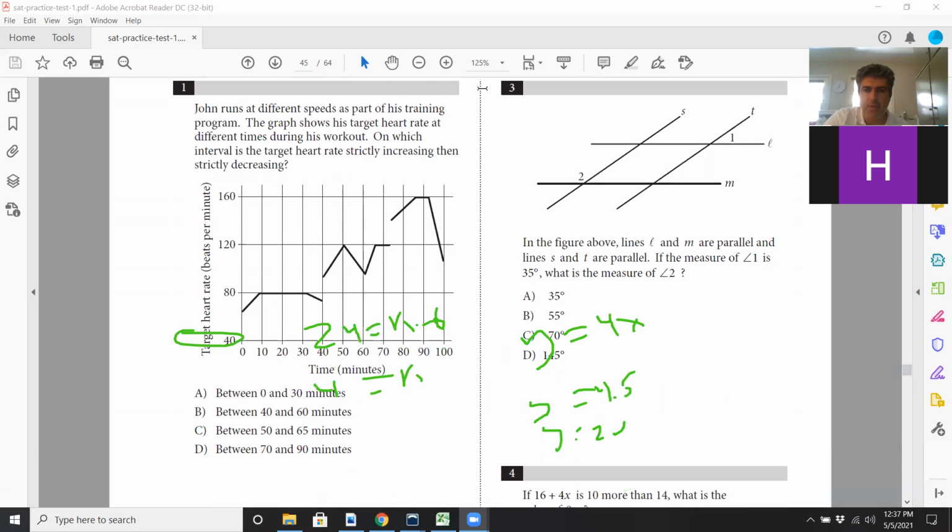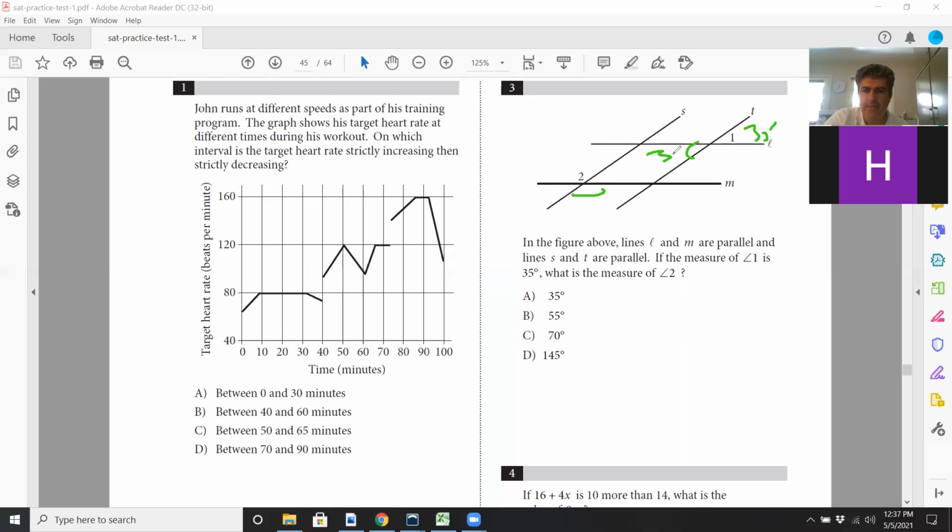For 3, this is going back to geometry. These are going to be the same. Angle 1 is 35, so this is 35. And the one thing that sometimes we forget is that when you have parallel lines, those two angles are going to be supplementary, meaning they add to 180.